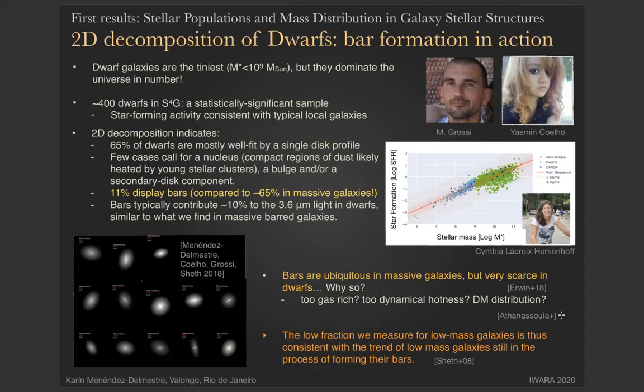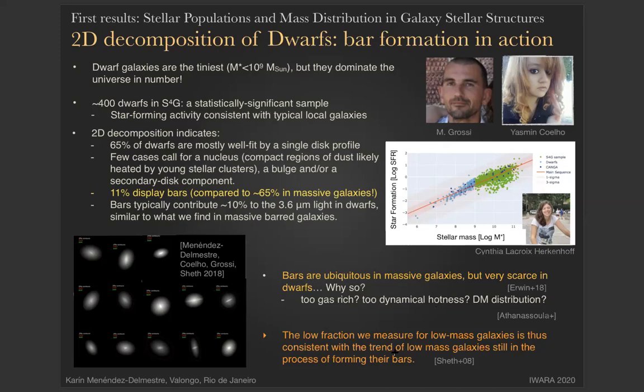Here I'm pointing you to work by Lia Tanasula, with different simulations that point to the possibility of how galaxies may be hampered in their process of forming a bar, because usually a disk will naturally come to form a bar, unless it is too gas rich, or it's too dynamically hot, or the dark matter distribution is more centrally concentrated. So the jury is still out on why bars are so scarce in dwarf galaxies.